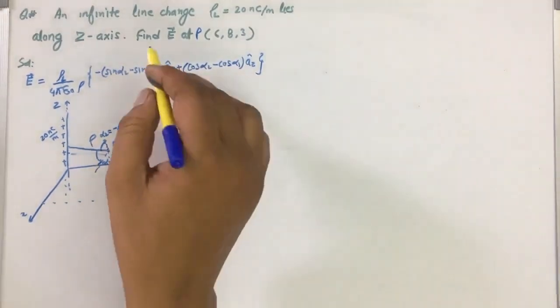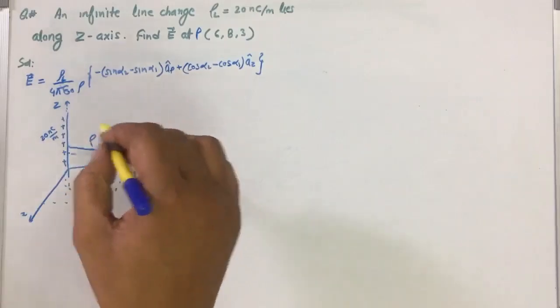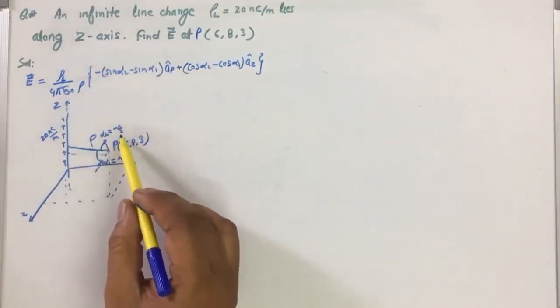So for this problem, alpha 2 is minus pi by 2 and alpha 1 is pi by 2.